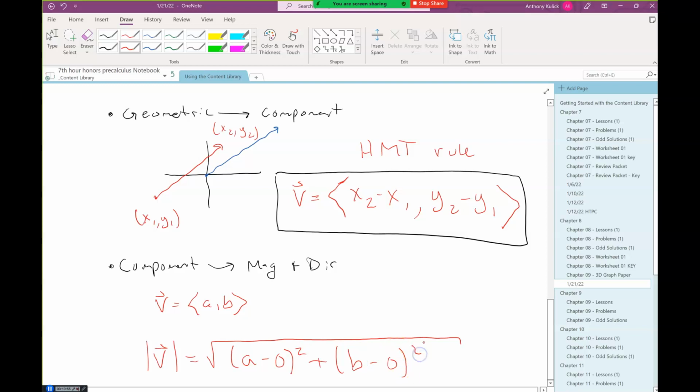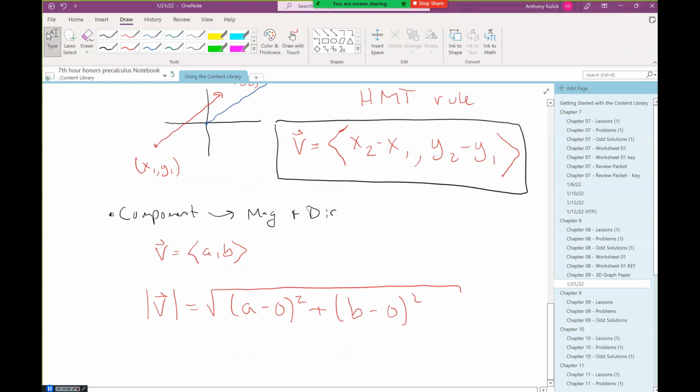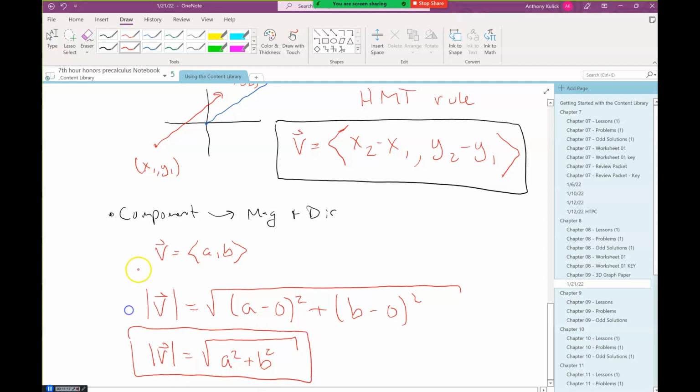Since one point is AB and the other point is the origin, when I plug that into the distance formula, I just get that. And since in component form, the tail is always at the origin, our other point is always 0, 0. So that just simplifies down into the square root of a squared plus b squared.